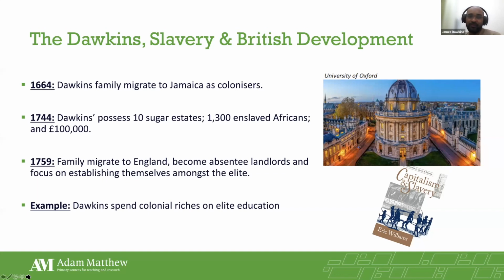I'm the author of the paper titled The Dawkins Family, Transatlantic Slavery and the Development of Modern Britain. And you can find my essay amongst the essay and video interview section on the Colonial Caribbean Collection website. And I'm just going to provide a brief overview of my written piece, its importance, and also an example of how I've been using the Colonial Caribbean Collection to gain a deeper understanding of the lives of my enslaved African ancestors.